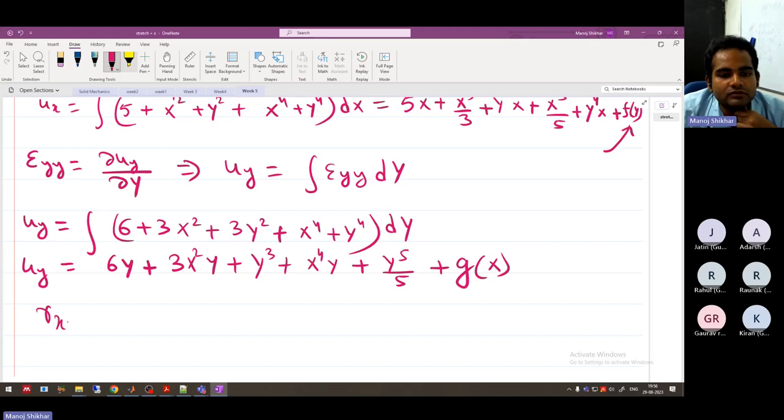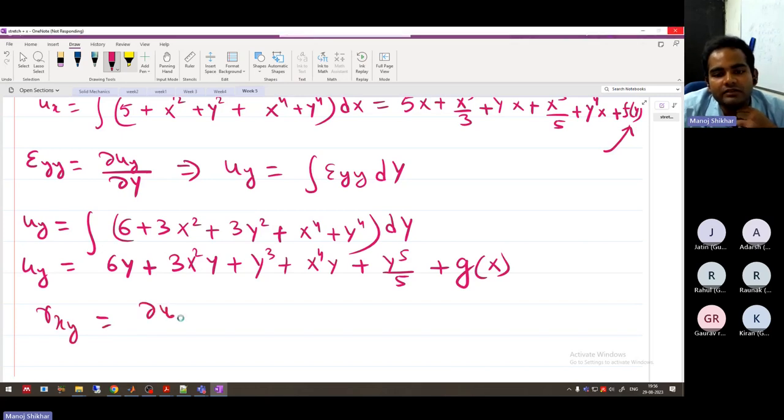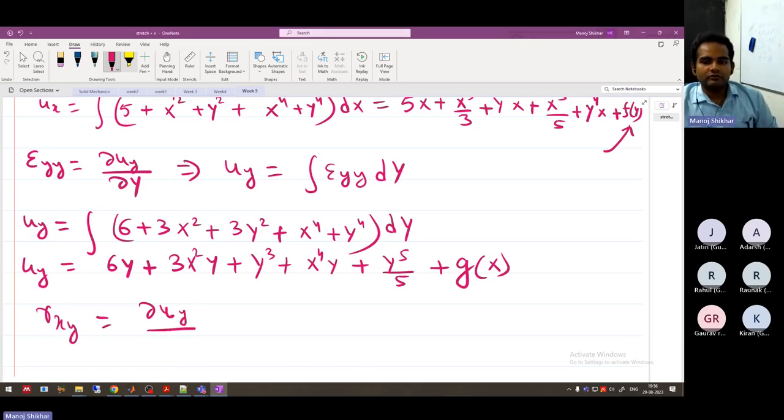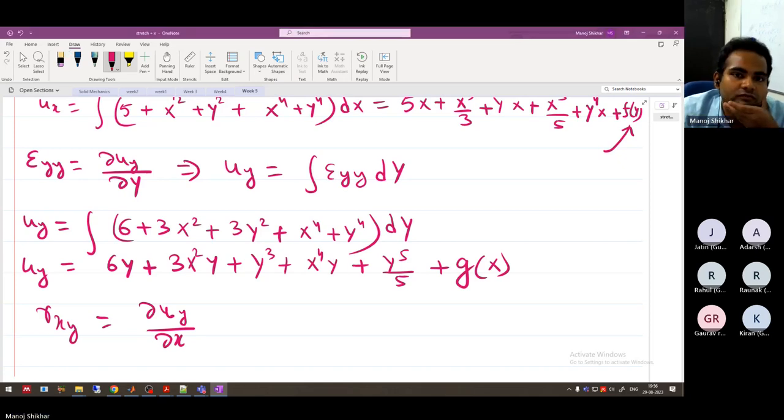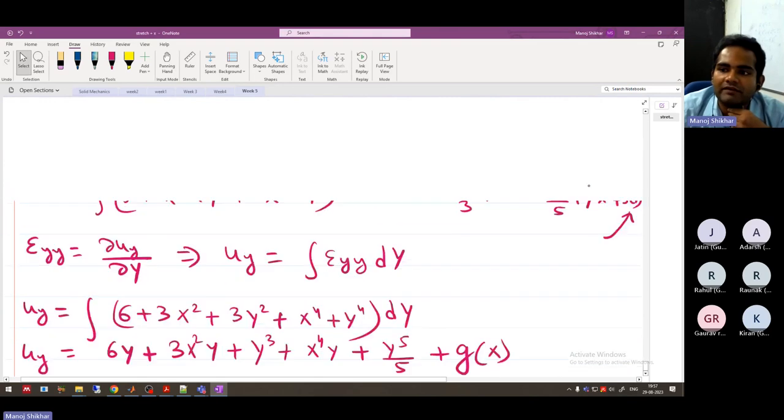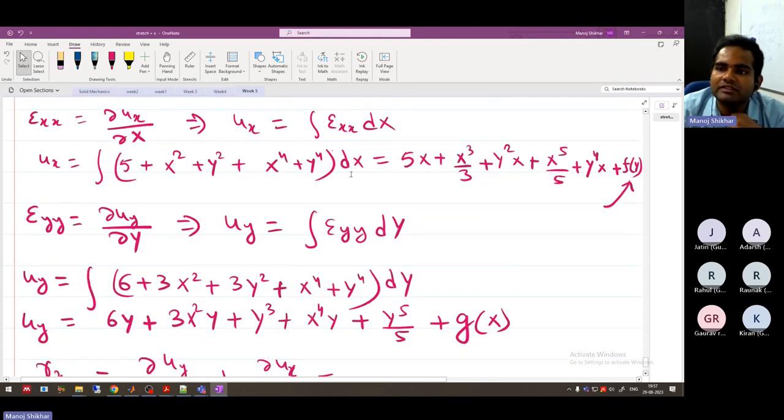I hope you people are understanding what I want to say here. Now gamma xy is what? Gamma xy is del u_y by del x plus del u_x by del y. So we have the expression of u_y here, and the expression of u_x here.